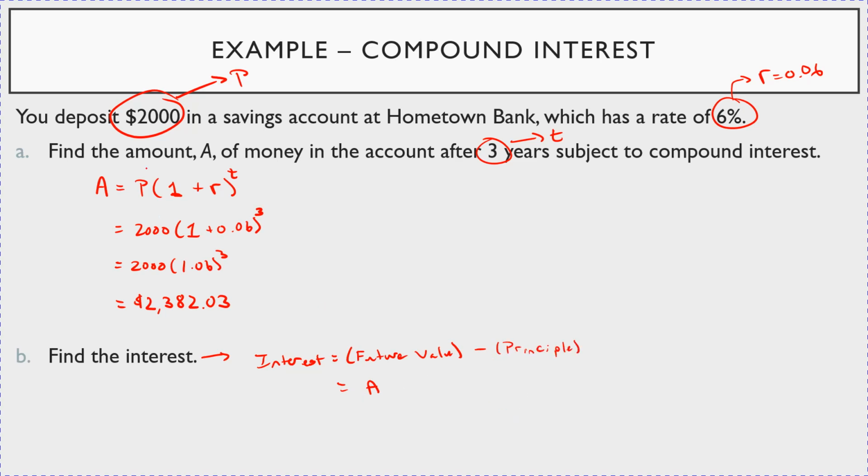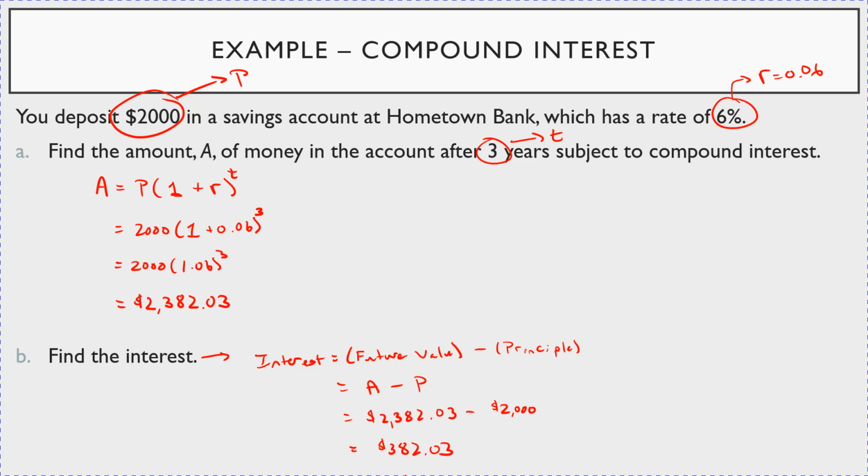Because if you started with $2,000 but you ended up with this, anything past that $2,000 is the interest. So over this 3-year period, you made $382.03 in interest. Okay, not bad. Not too bad at all.